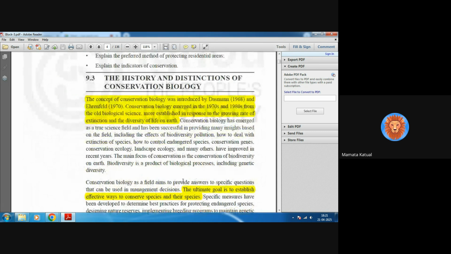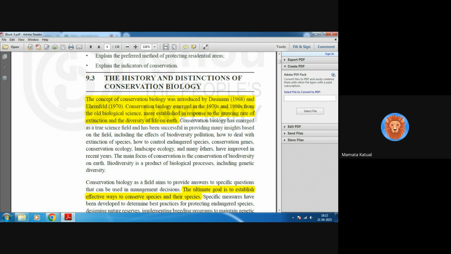So this is the history of conservation biology. Conservation biology was introduced by Dasmann in 1968, and Ehrenfeld in 1970. Conservation biology emerged in the 1970s and 80s from the old biological science, established in response to the growing rate of extinction and the loss of diversity of life on Earth.